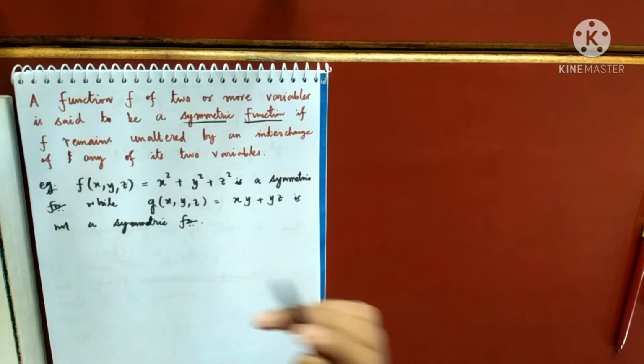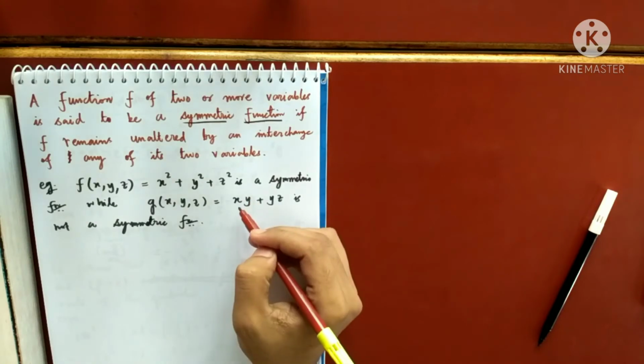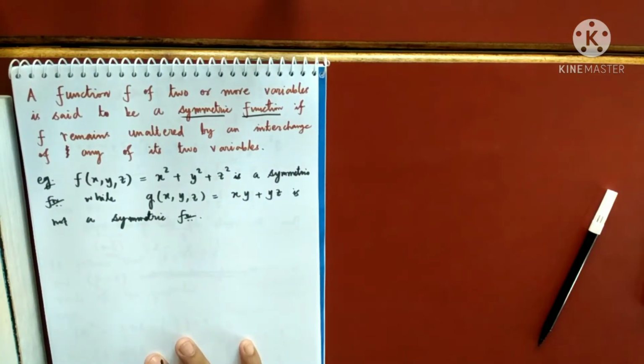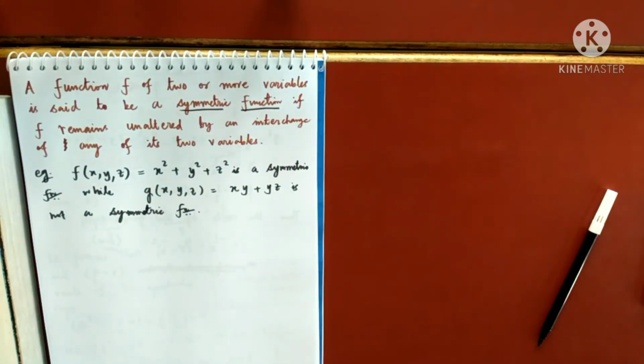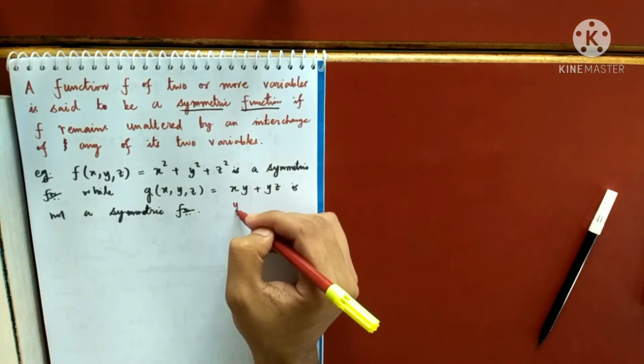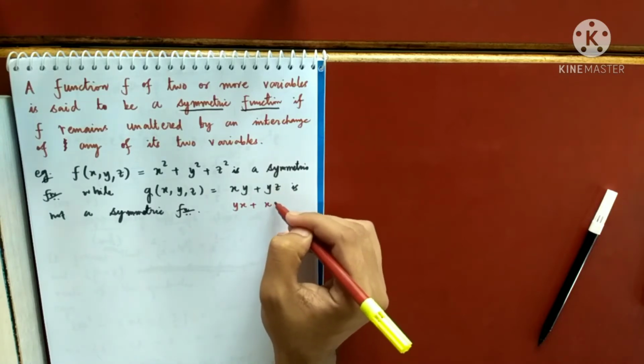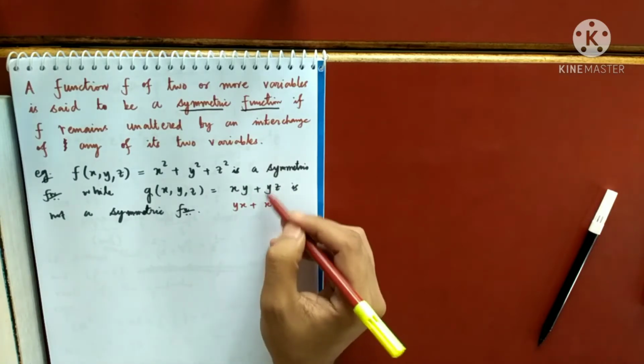The answer is obvious: if I interchange x and y, so instead of x you write y and instead of y you write x, and z remains z, they are not equal.